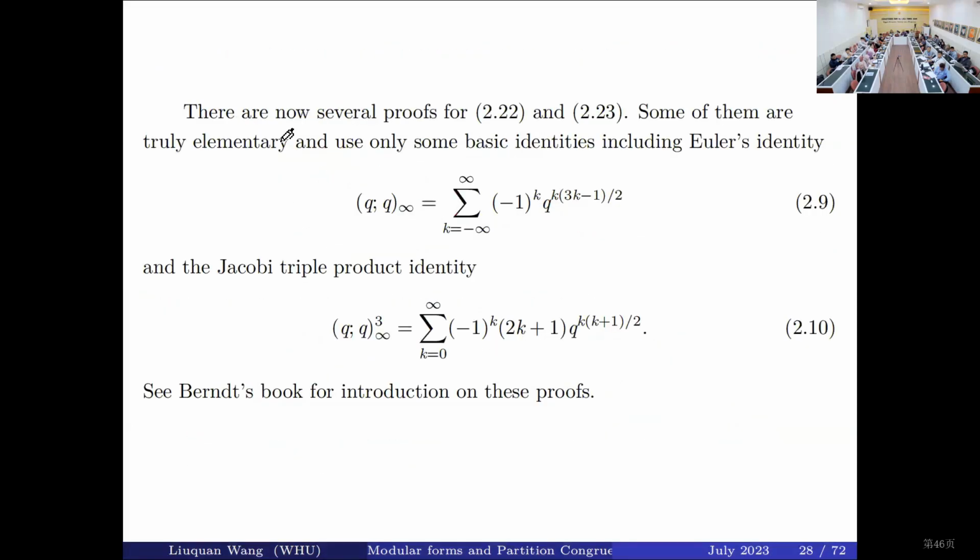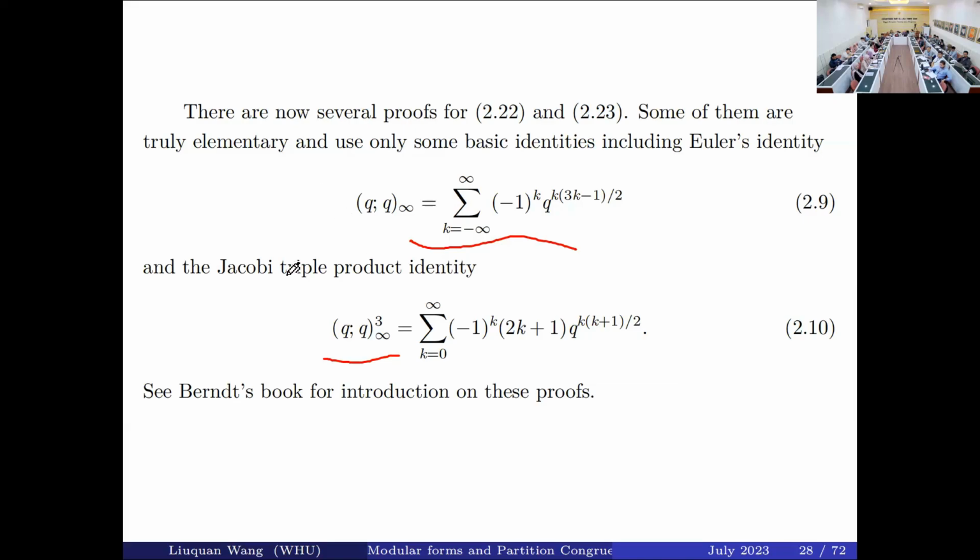And there are several proofs for these two identities. Some of them are truly elementary and only use some basic identities, such as Euler's identity, which gives the q-expansion for (q;q) infinity. And another key identity is the Jacobi triple product identity, which gives the power series expansion for (q;q) infinity to the cube power.